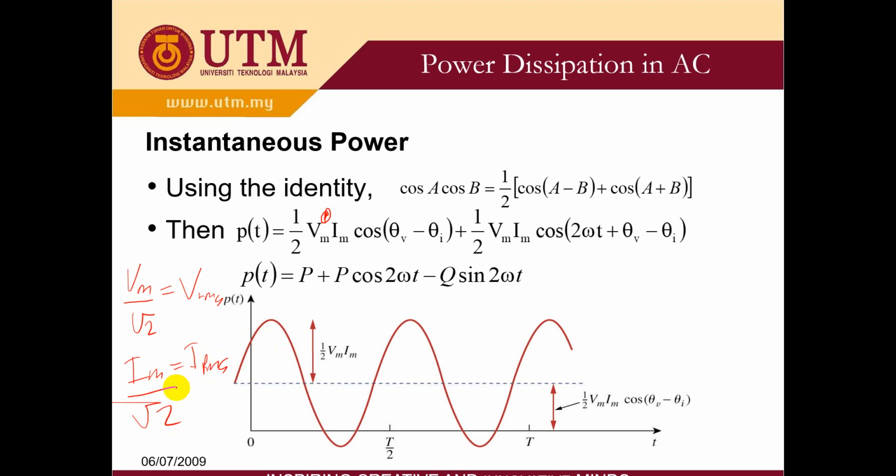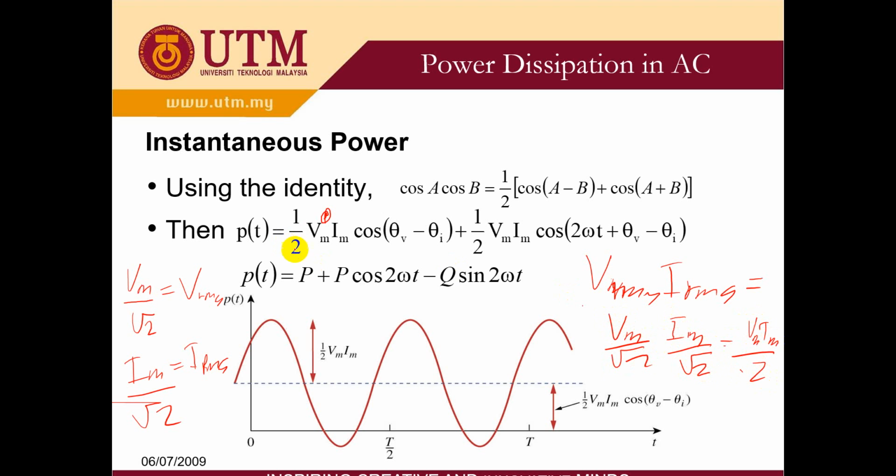So V RMS times I RMS is Vm over square root 2 multiplied by Im over square root 2, so you get Vm Im divided by 2.